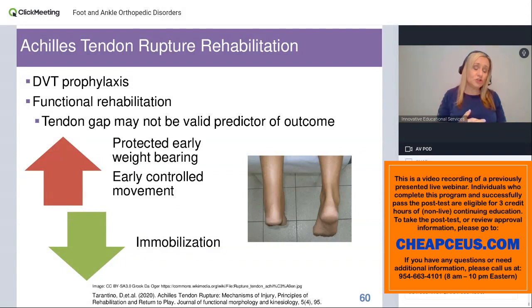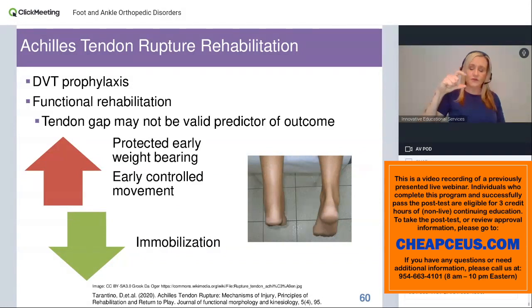Looking at functional rehab, the idea is, like we talked about with the ankle sprain, to allow movement, but not overdo it to where we're compromising the healing that's trying to occur. So, what they may be looking at doing is having the individual in a boot, and then they place a wedge in that boot that starts out high.